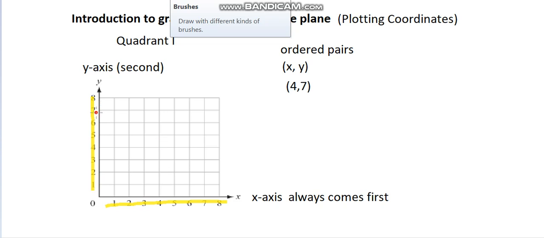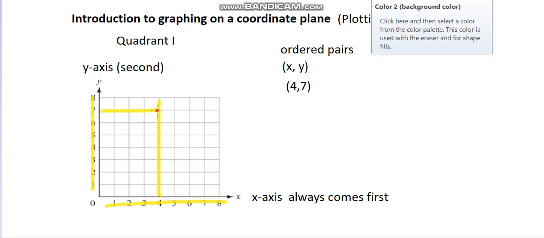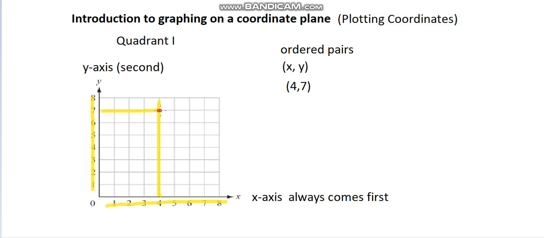Now looking along 7, I'm going to draw a yellow line along the 4. Great. And now I'm going to go along the y-axis and find 7, and I'm going to meet. The point where the 4 from my x-axis and the 7 from my y-axis meet is where I can plot my point successfully.